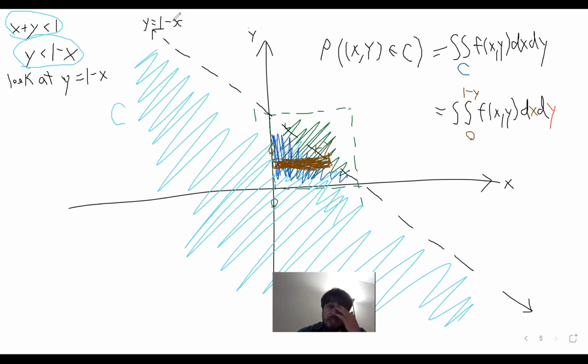So x is equal to 1 minus y, and this is from x equals 0 to x equals 1 minus y. That's why you're integrating from 0 to 1 minus y. And for y, these rectangles range from the bottommost rectangle to the topmost one. And so y ranges from 0 to 1.